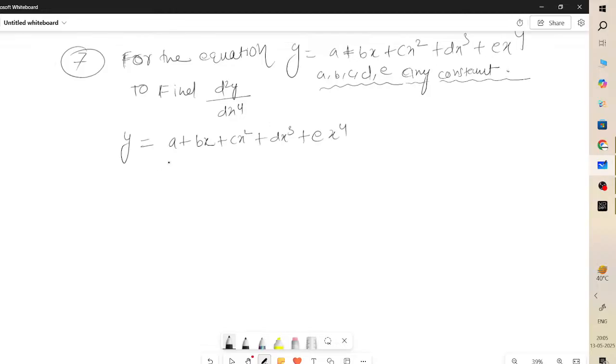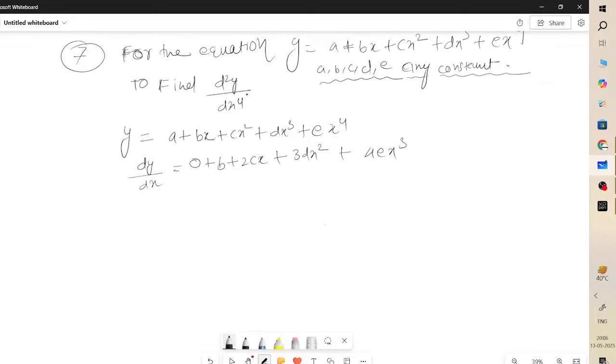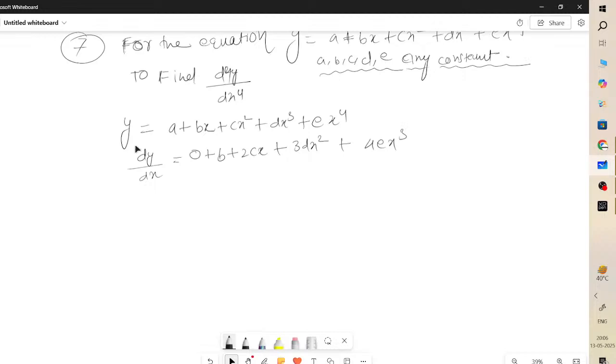Now differentiating with respect to x, what we get: dy by dx equals 0, because differentiation of a constant is always 0, plus b, plus 2cx, plus 3dx square, plus 4ex cube. Because we have to find d4y by dx4, we differentiate this four times.